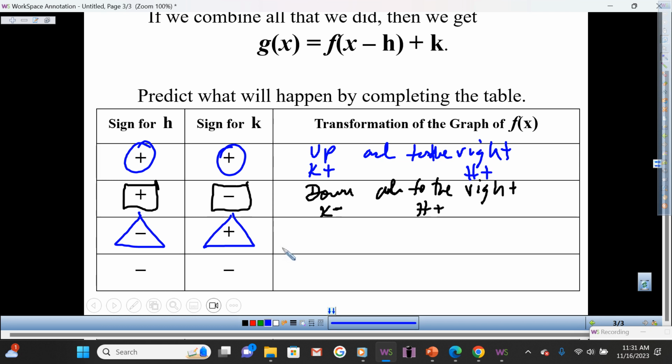How about Kimberly? What's going to happen to the function? It goes up and to the left. Hands up if you got that. That is correct, because k is positive and h is negative.